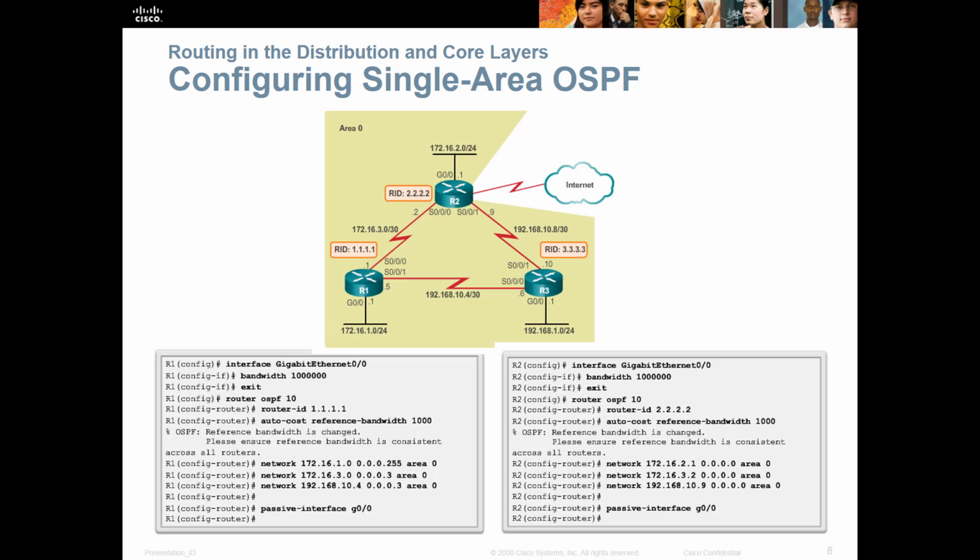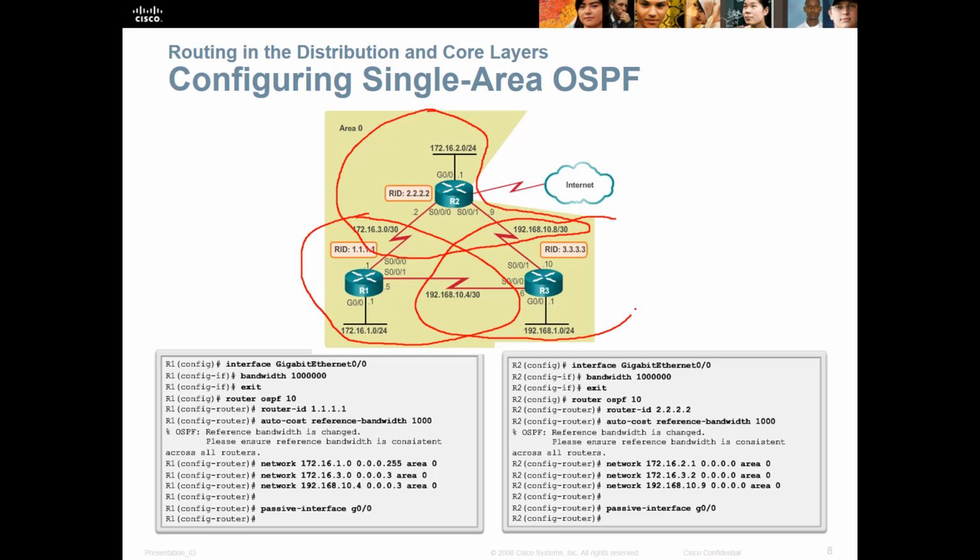Router 1 knows about these networks, hence those statements. Router 2 knows about those networks, hence those statements. Router 3 knows about those statements. Yes, the interconnects are shared between routers, and they're going to be on both routers, but that's okay.